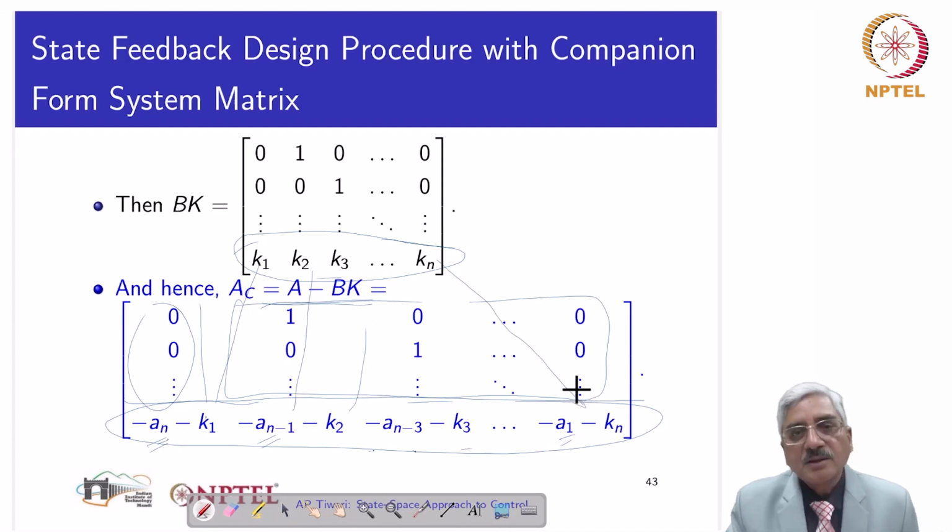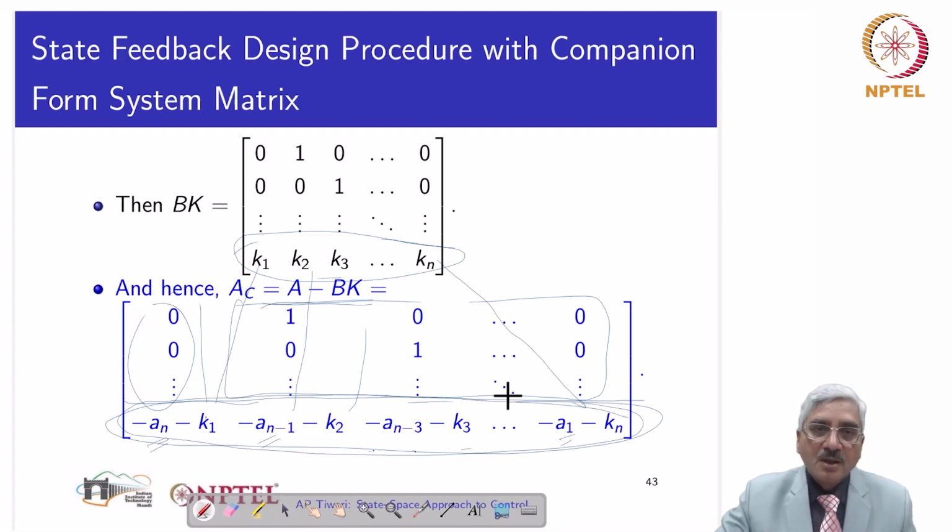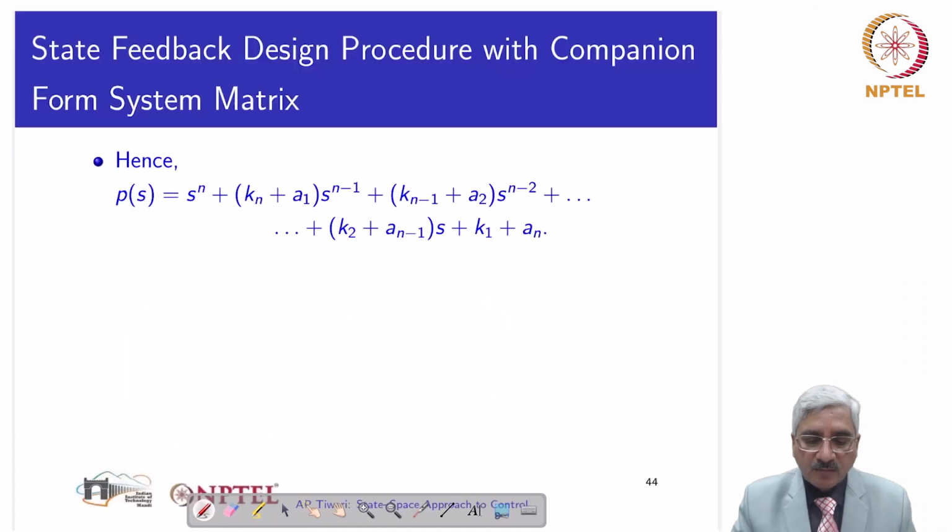So we see that the closed loop system matrix is also in companion form, and these are the coefficients of the resulting characteristic equation, the characteristic polynomial of the closed loop system matrix, which is written here.